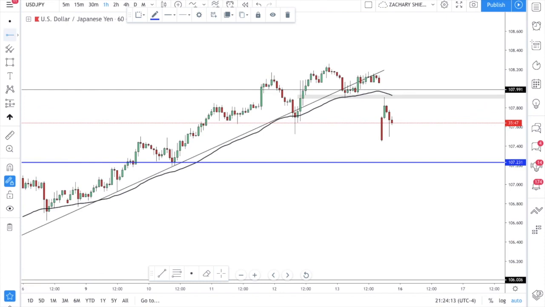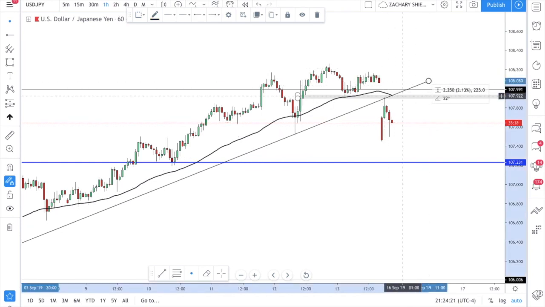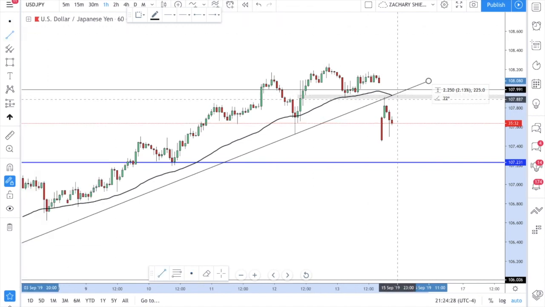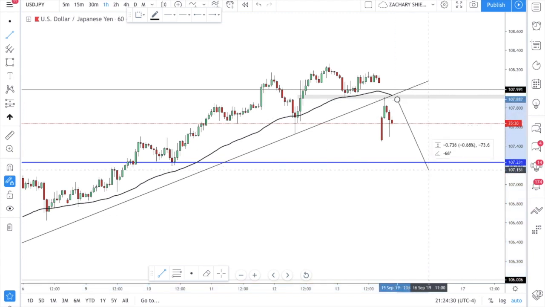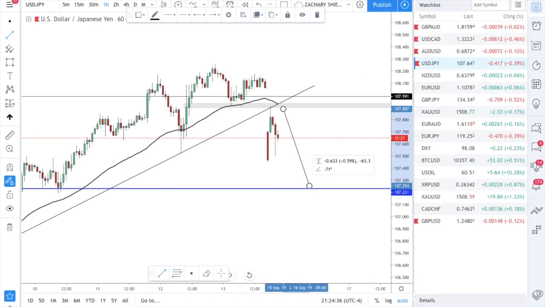So UJ is fine. And if I just readjust this trend line here, boom, retest nicely. We may consolidate a bit around the area just because it is a decent gap in the market, but 107.25 should come through pretty soon on USD JPY.